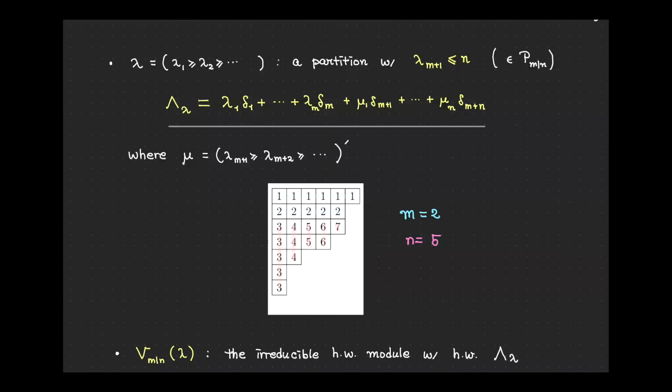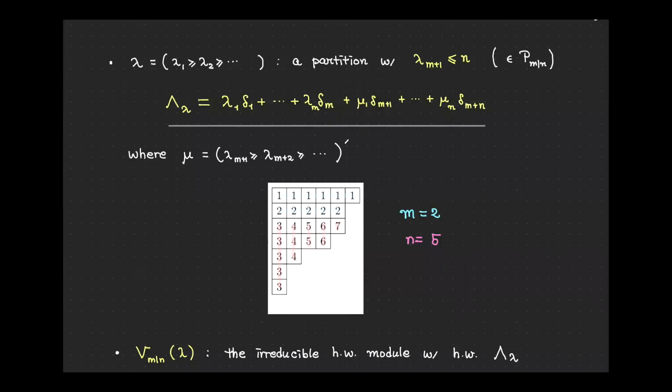For a given partition, we impose this kind of condition: lambda_{m+1} is less than or equal to n, a so-called (m|n)-hook partition. The reason why we call it hook is that if we consider its Young diagram, then it fits into the hook of size m and n.